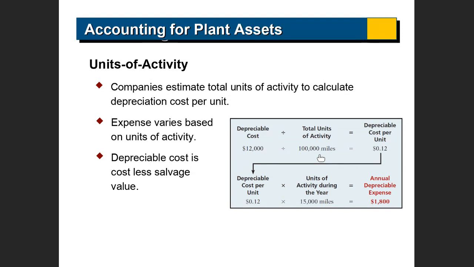So in the first year, let's say you drove the truck 15,000 miles, and you multiply that with the unit cost of 0.12, 12 cents, and your depreciation is going to be $1,800 in the first year. It depends on how much you drove the truck.